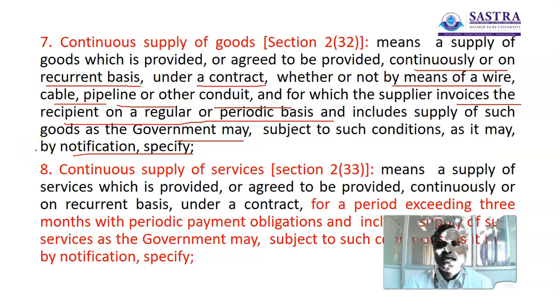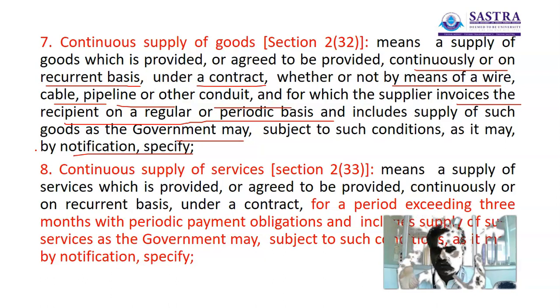Very simple. Supply of goods which is provided or agreed to be provided continuously. When you supply goods continuously, this is called continuous supply.